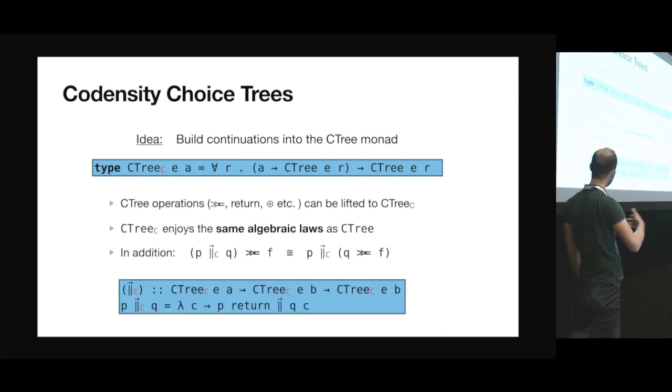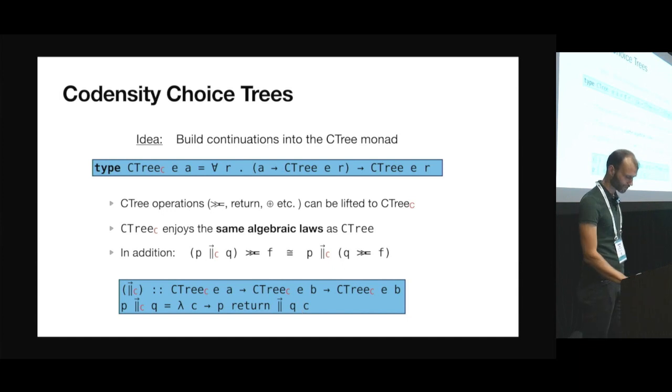We get this by defining the parallel composition on codensity choice trees like this, where codensity choice trees take a continuation as the first argument, which we take here as an argument, and then we pass this on only to the right-hand side of the parallel composition, right? That's where we want to continue the computation. And that's what we use for modeling the semantics of our fork.